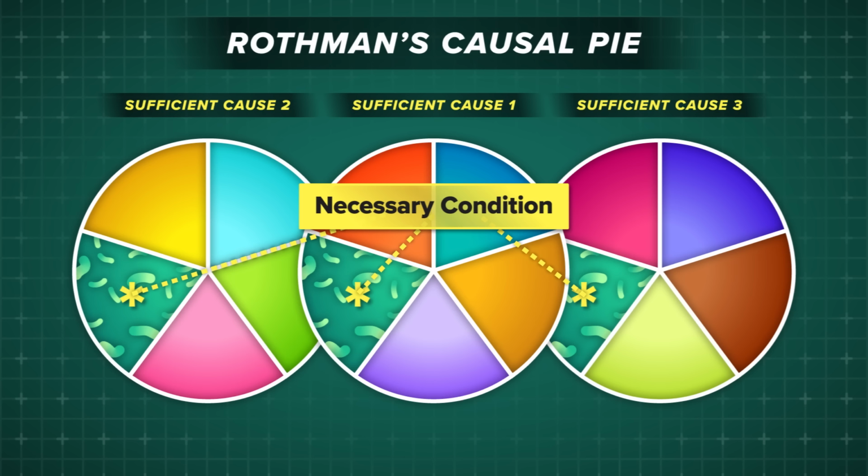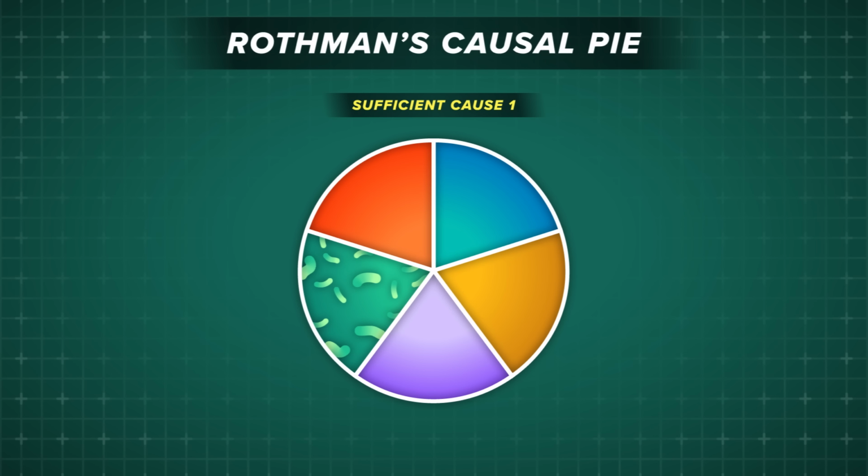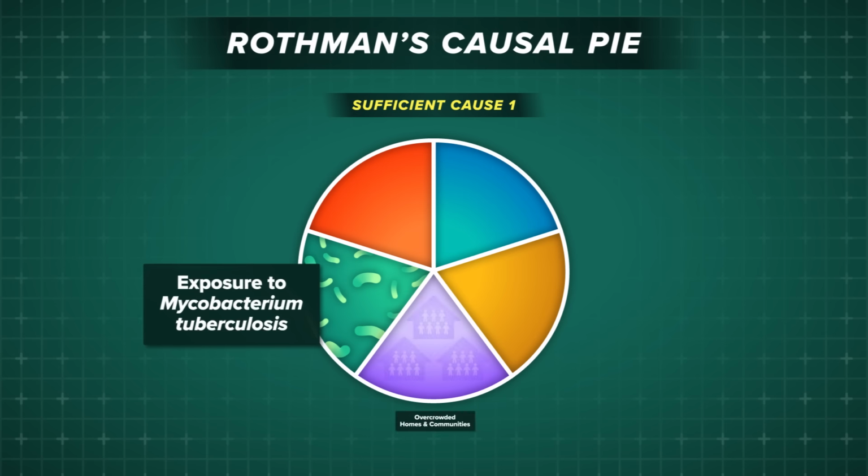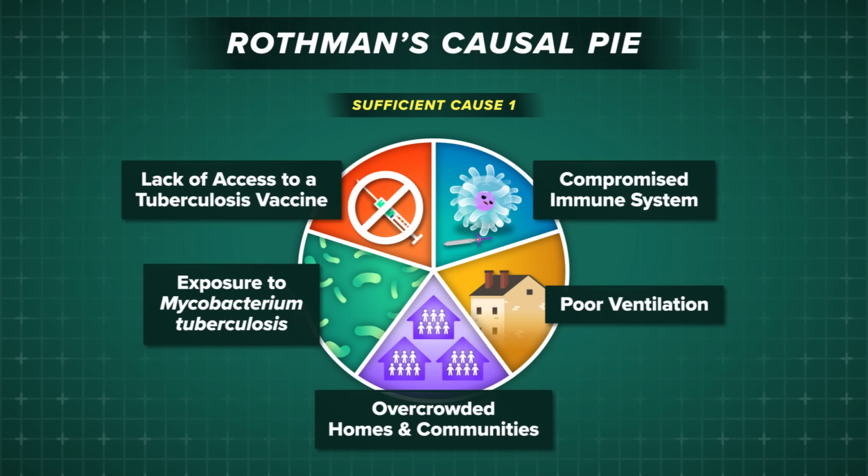Even if all the other risk factors of the pie are in place, Mycobacterium tuberculosis is needed to activate the disease. Now, while the presence of each individual risk factor increases the likelihood of TB, it doesn't guarantee it. But if we fill up our causal pie with a combination of components that produces a sufficient cause, we get our health outcome: tuberculosis. Thanks, thought bubble.